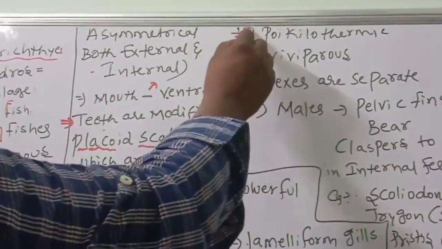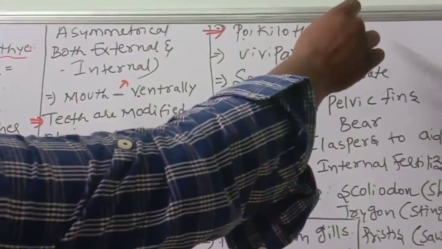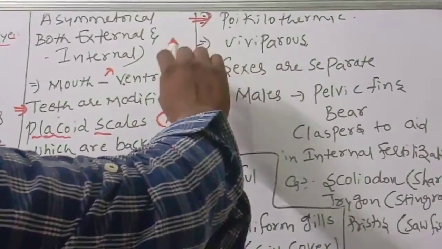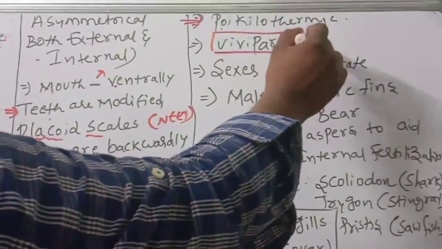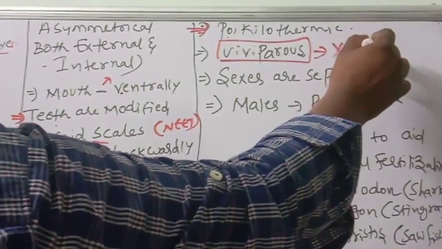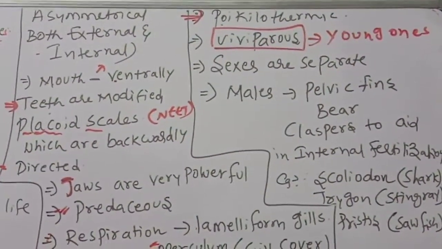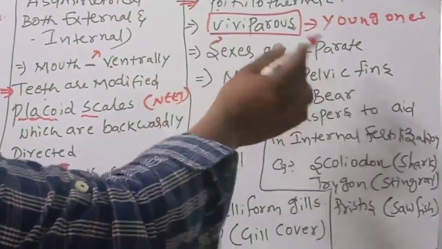Next, poikilothermous. What is the meaning of poikilothermous? According to the surrounding atmosphere, they can change their temperature. That's why they are called poikilothermous. They are viviparous, which means they give birth to young ones. The sexes are separate: male is separate, female is separate.